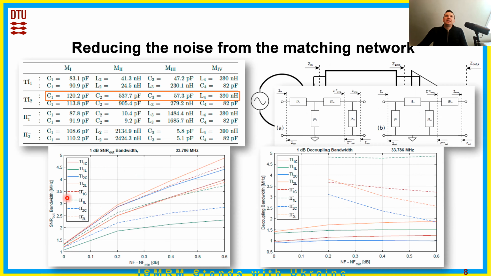To get closer to the ideal case, we introduced 1 more degree of freedom, a 4th element in the matching and decoupling network. The resulting topologies and corresponding component values are shown on this slide.